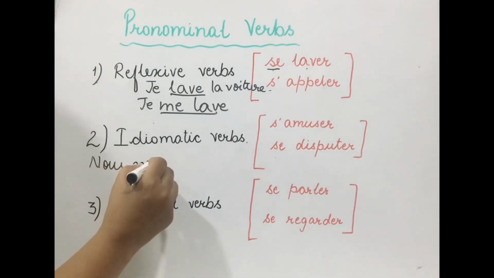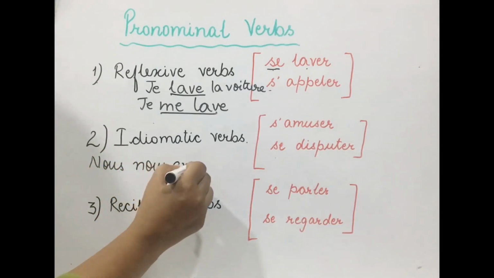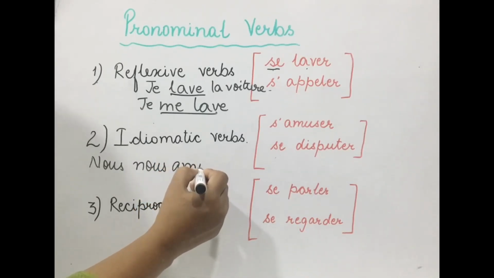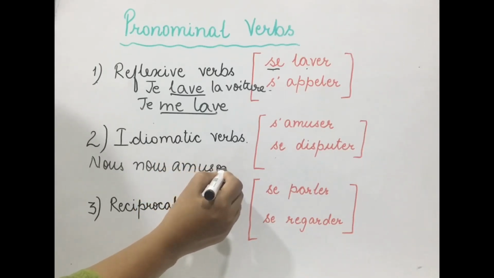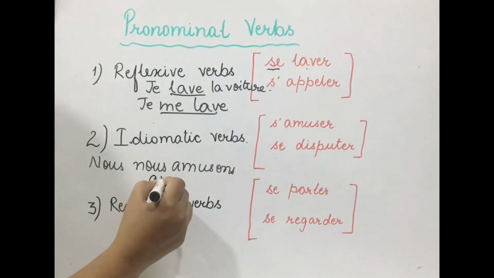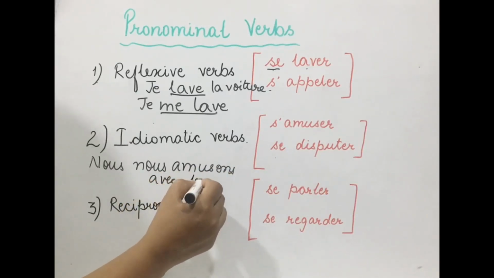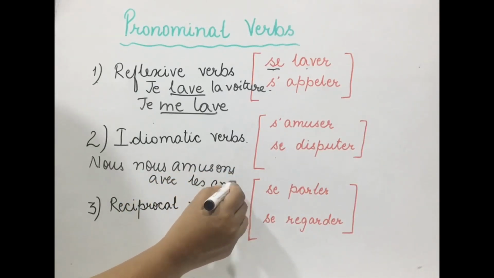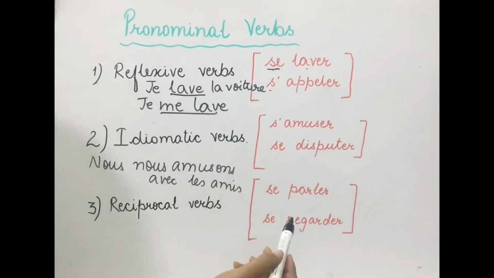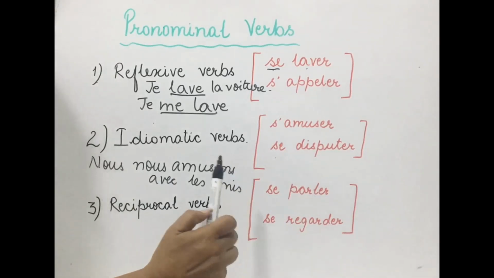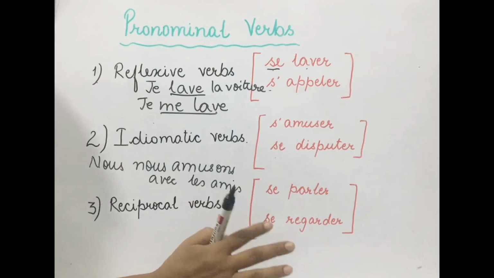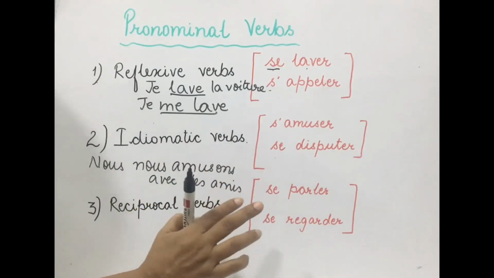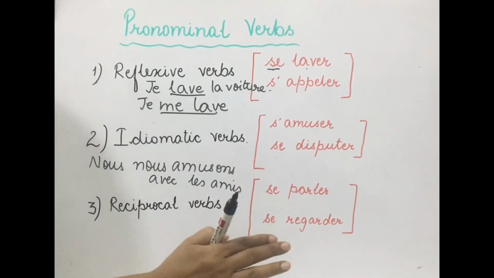Nous nous amusons means we amuse ourselves. Nous nous amusons avec les amis, with the friends. We have fun. That means s'amuser is to have fun. Se disputer is to have a dispute among yourselves. These are kind of reflexive actions, but not exactly.